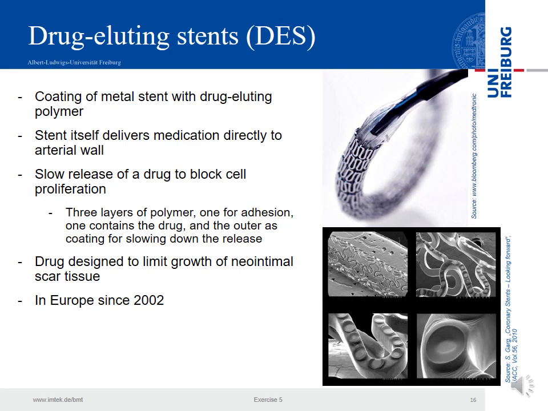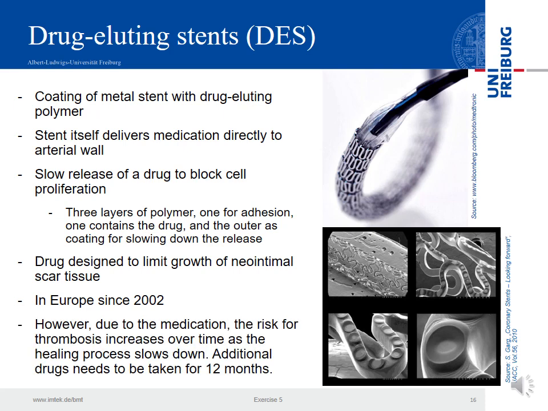In Europe, this approval has come in 2002, and this is a combinational product since the stent as such is a medical device, but you also have to comply with the boundary conditions of the pharmaceutical regulations, because there's a release of a drug. Since this takes a certain time, you have to take additional drugs up to 12 months before everything is really stable.